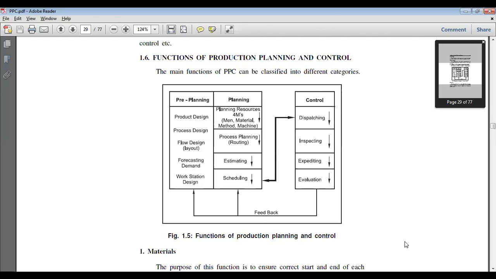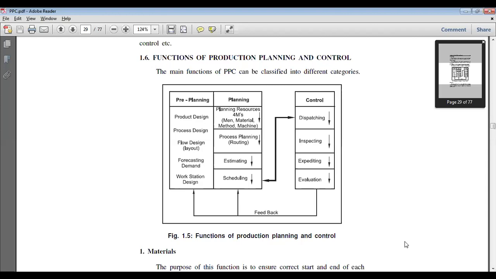Product A goes to machine X, then Z, then Y. Similarly, product B goes to Z and Y and X. Similarly, product C goes to Y and then Z and then X. So this is the routing of the process, routing of the products.